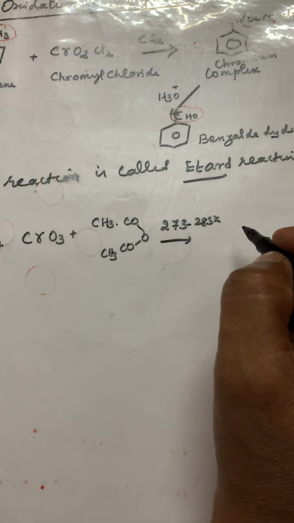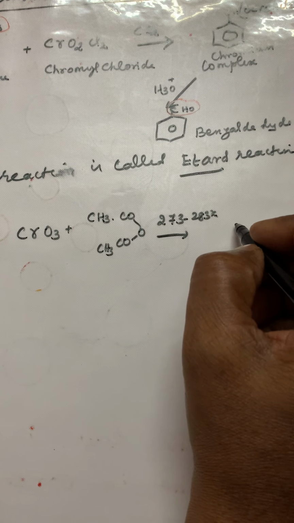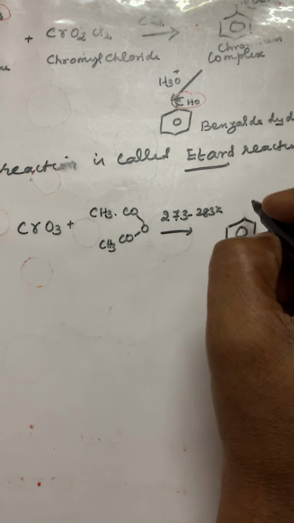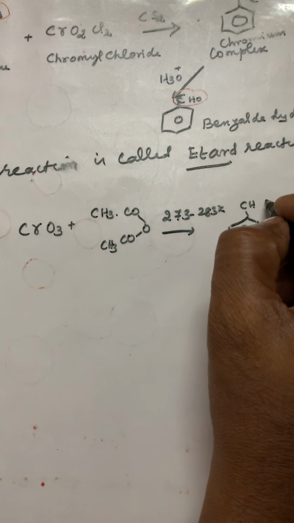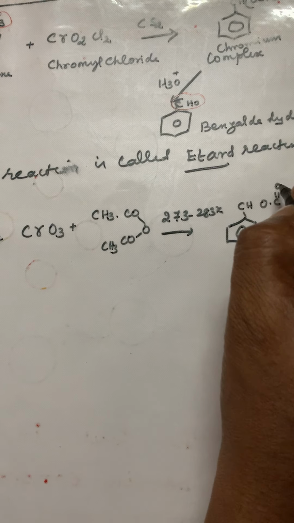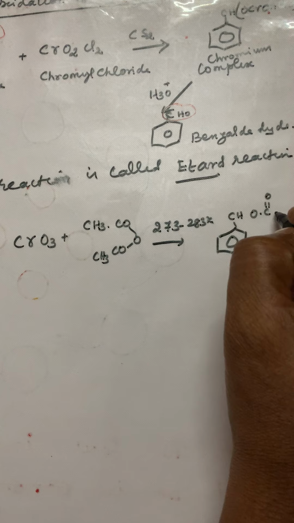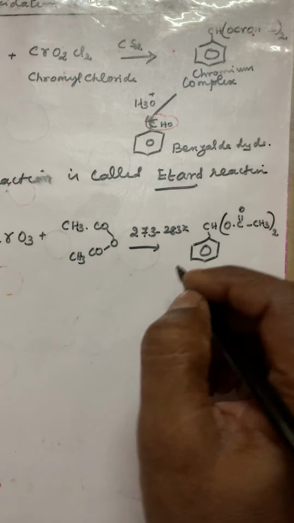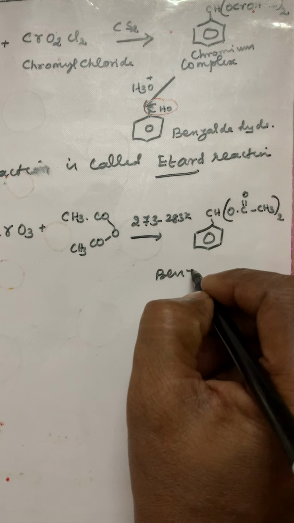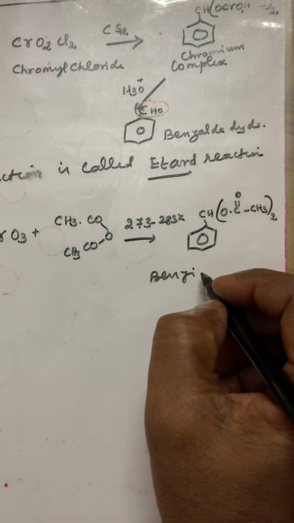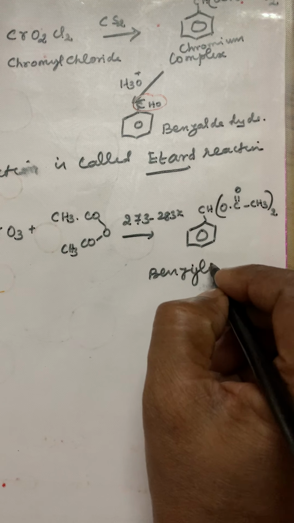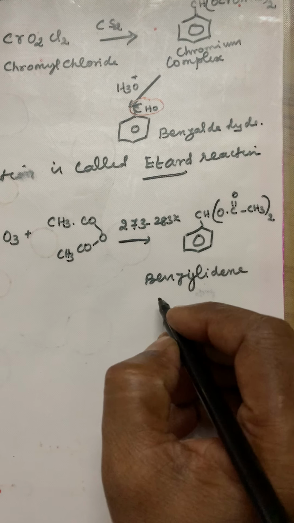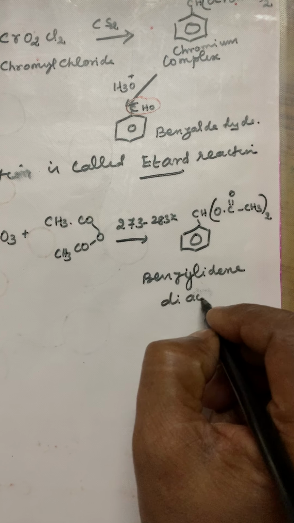It gives benzaldehyde diacetate, C6H5CH(OCOCH3)2.